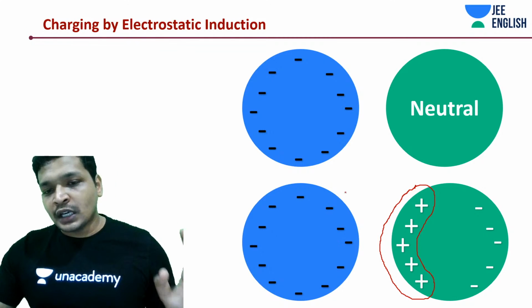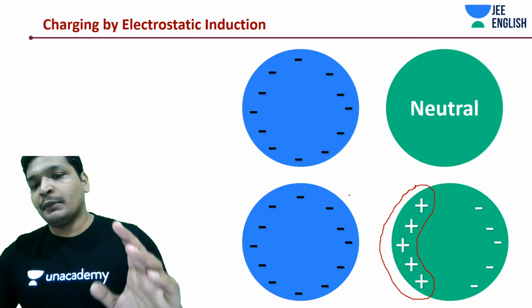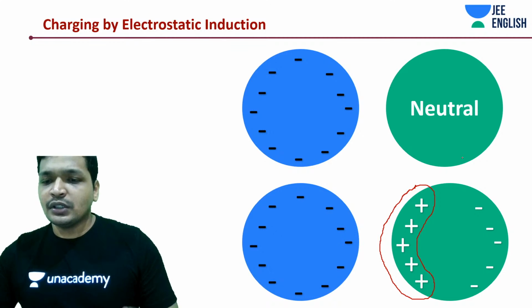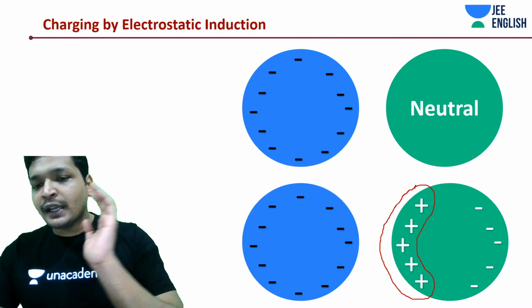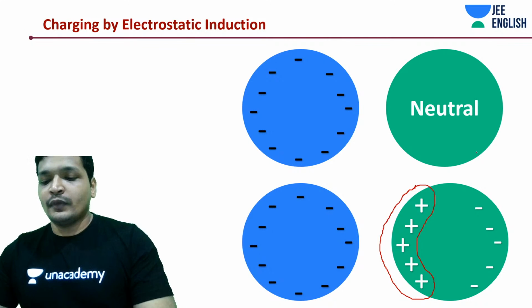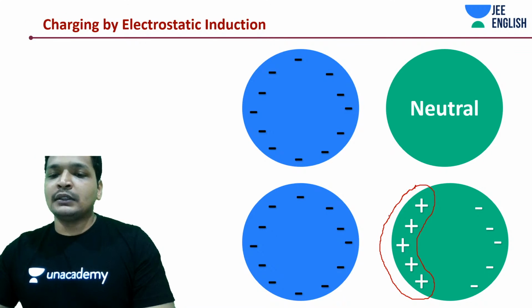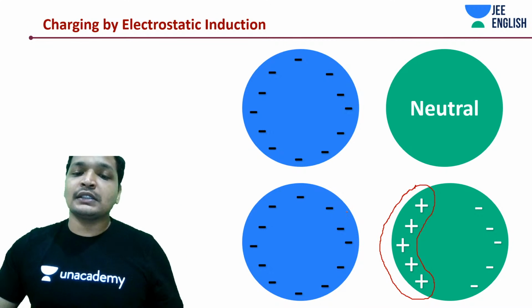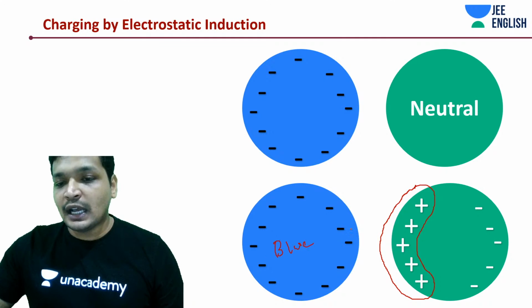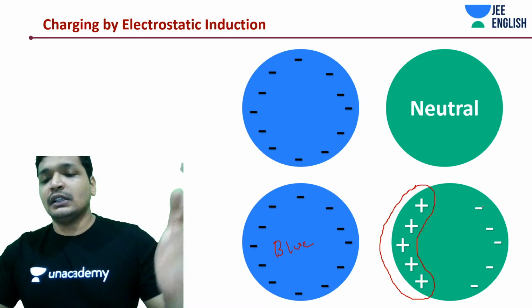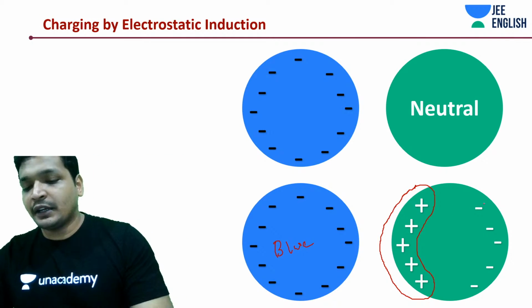Still, the total amount of charge of the system remains constant. So one is by direct contact and the other is by electrostatic induction. If you notice, the face of the object facing this blue sphere, which is negatively charged, has become positively charged, whereas the other side has got polarized as negative.